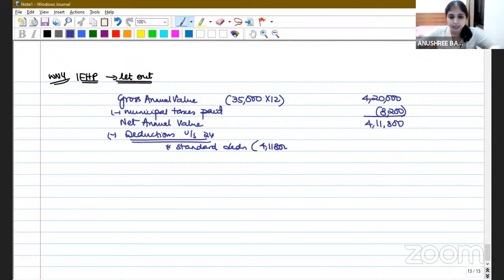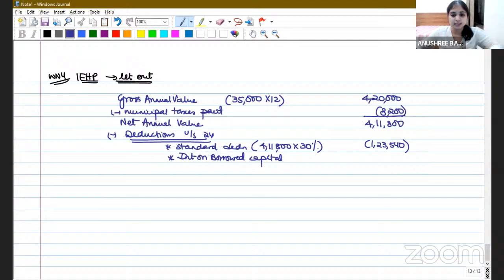Standard deduction will be 30%. So 4,11,800 into 30%, which works out to 1,23,540. And then we also have another deduction, that is interest on borrowed capital.